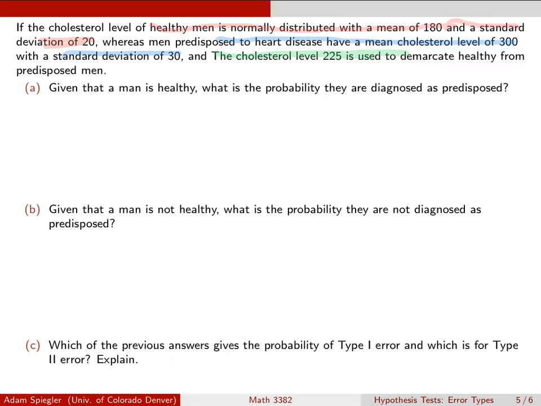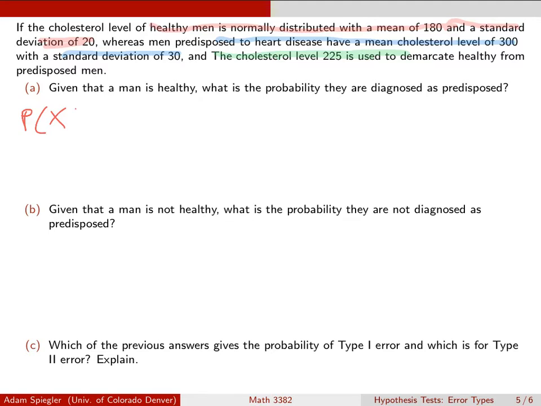Okay, in part A, we want to calculate the probability they are diagnosed as predisposed given that the man is healthy. X is going to denote the cholesterol level of a randomly selected person.